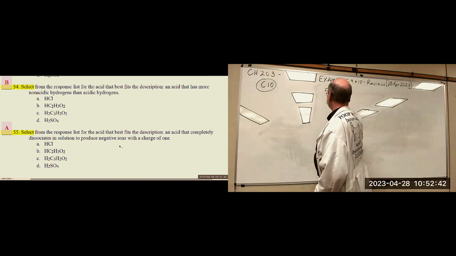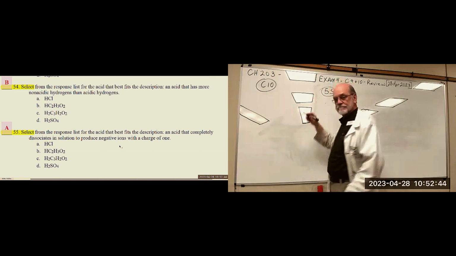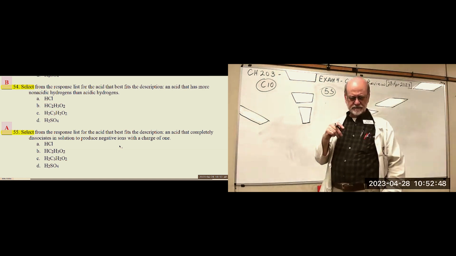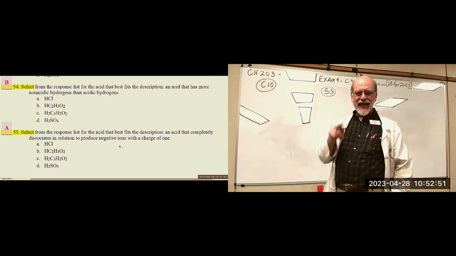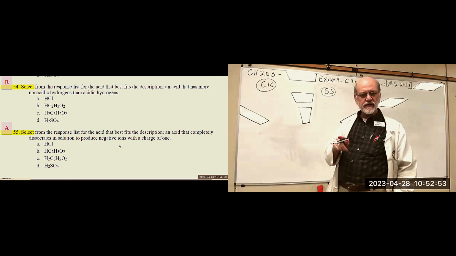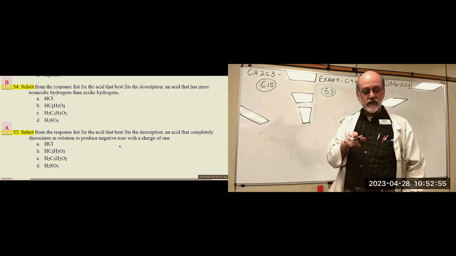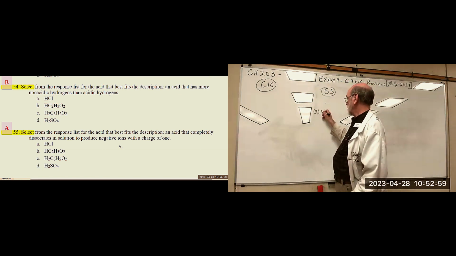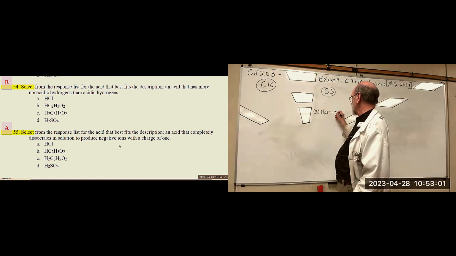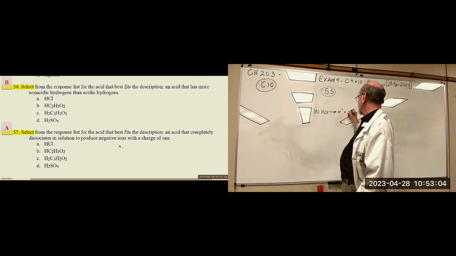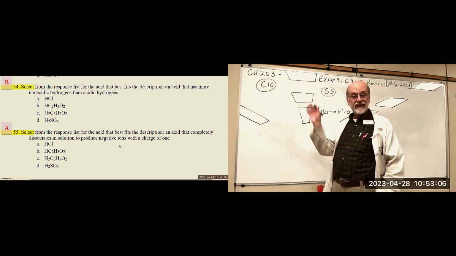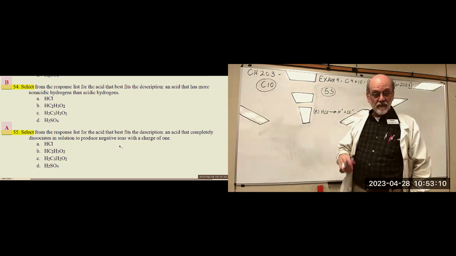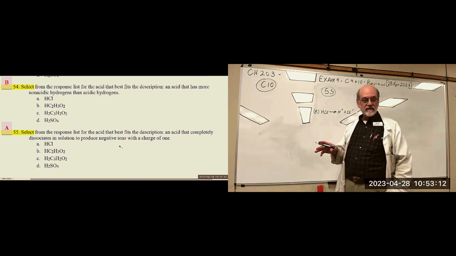55. Select from the list what best fits the description. An acid that completely dissociates in solution to produce negative ions with a charge of 1. Well, let's see. How about this one? HCl dissociates like that, completely. Right? B and C are both weak acids.